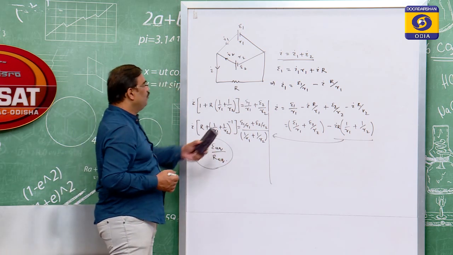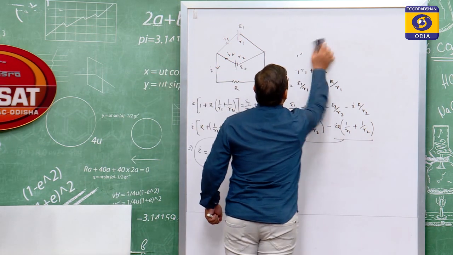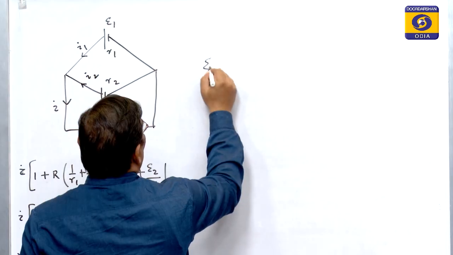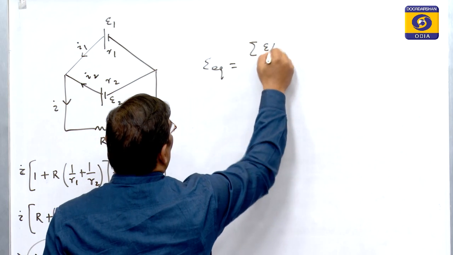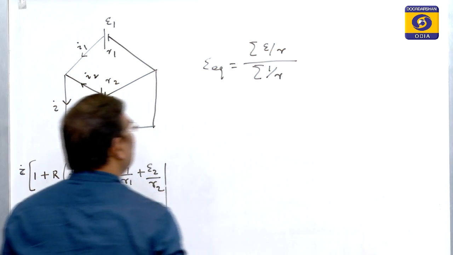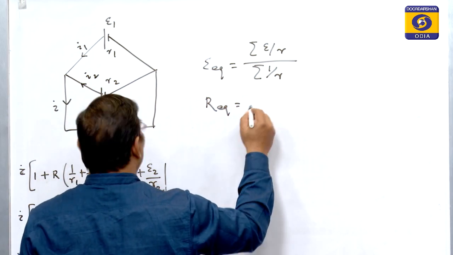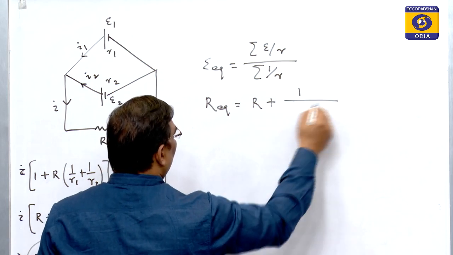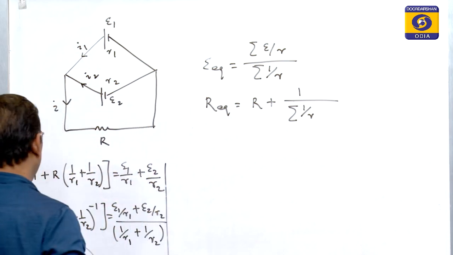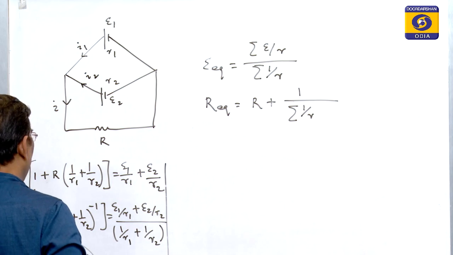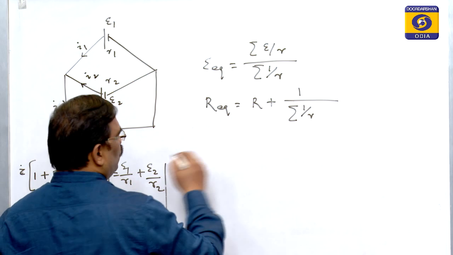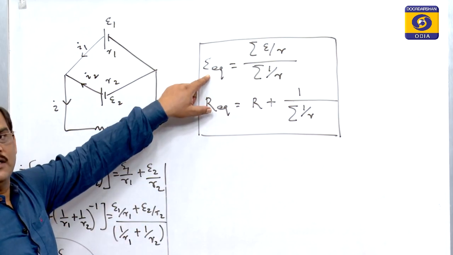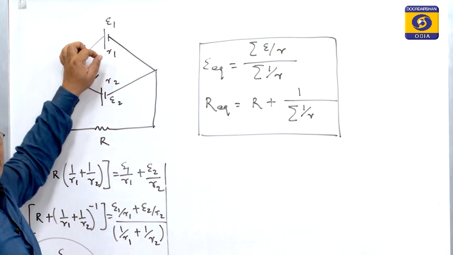If I compare this equation with this one, then obviously I will get E equivalent equal to summation E by R divided by summation 1 by R, and R equivalent equal to R plus 1 divided by summation 1 by R. So, in this fashion we can calculate the equivalent EMF of a large number of cells in parallel which are dissimilar in nature.